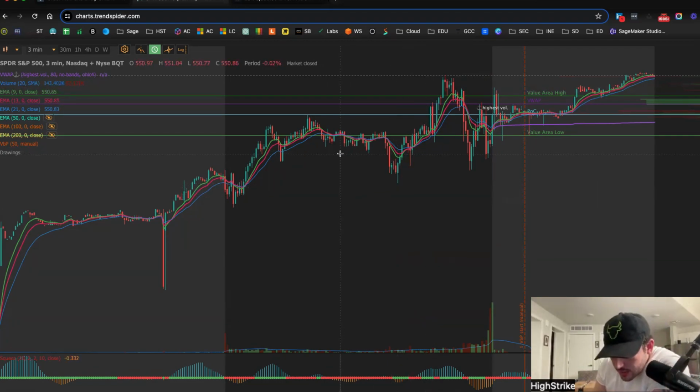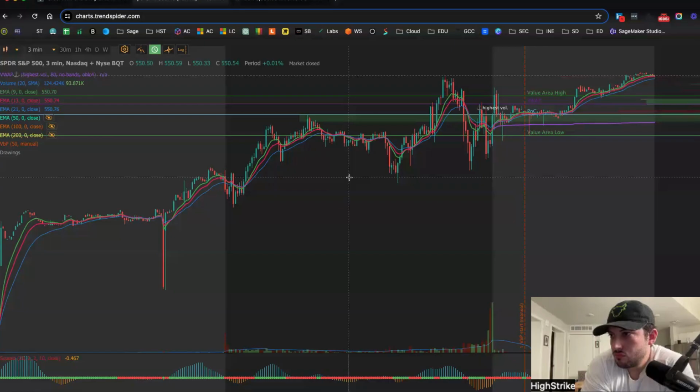Right, let's pinpoint that down. Right as the EMAs are crossed, well, they're not fully crossed yet, but on 3 minute we have a strong rejection candle right under the 13 EMA. So I entered there. It was a short trade because it bounced immediately after. I took a 550 put.